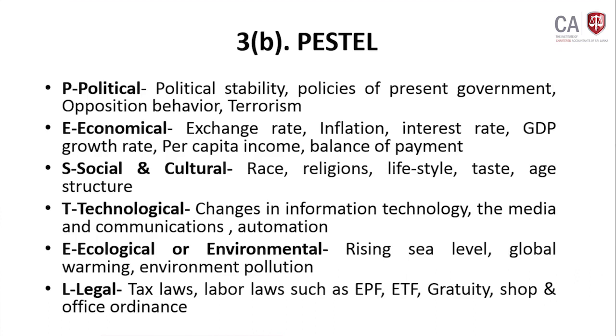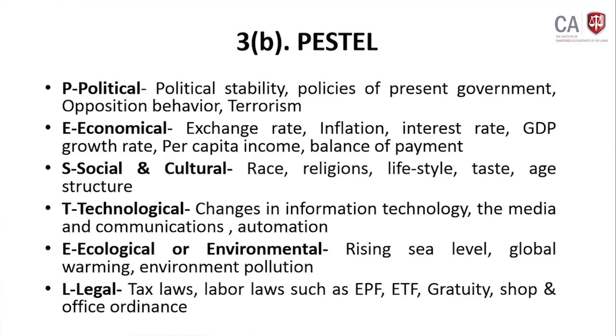Under that, we are going to look at how the political environment prevails in the country, whether this political environment is favorable to the business or not. Here we are going to look at variables like political stability, policies of the present government, opposition behavior, terrorism.